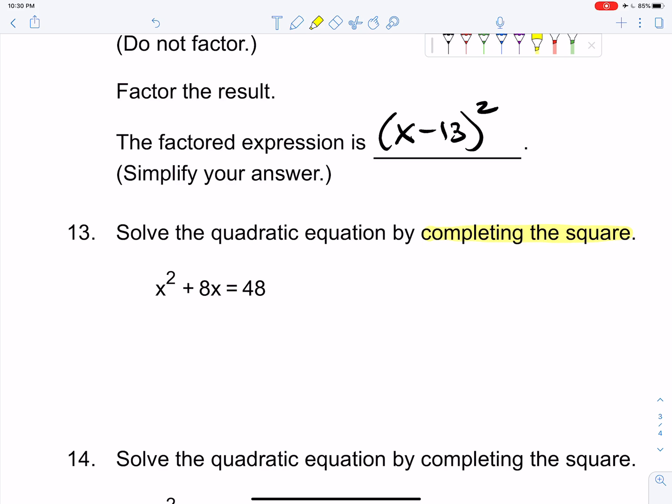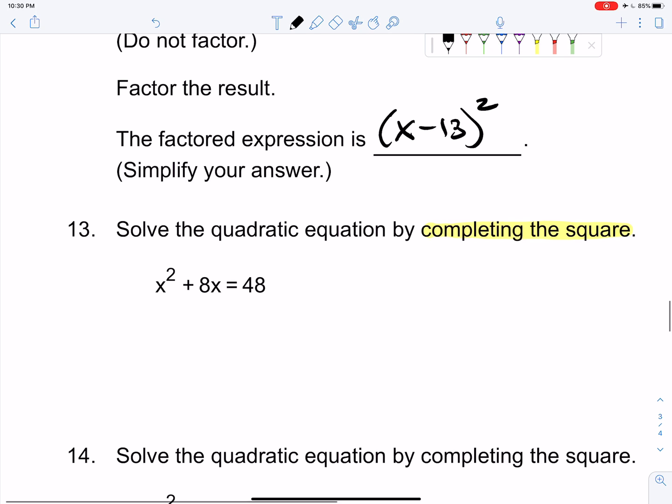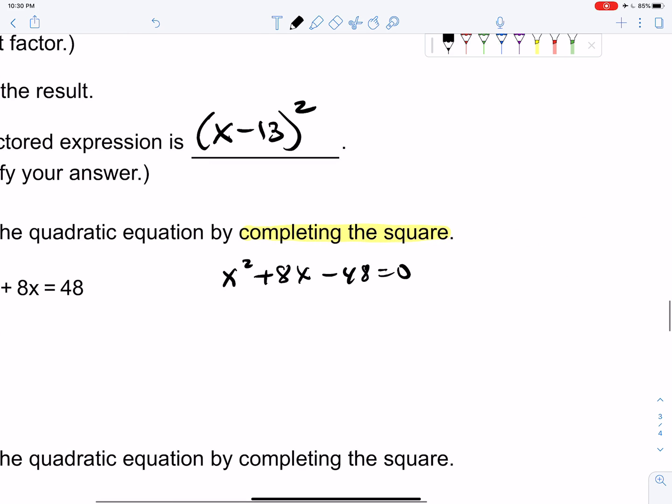If they didn't say complete the square, what would you normally do? Normally you would subtract 48 on both sides and then see if you can factor it. That is the fastest way to solve the quadratic equation if it's factorable, right? If it's not factorable, you cannot do it that way, because this way requires us to factor.